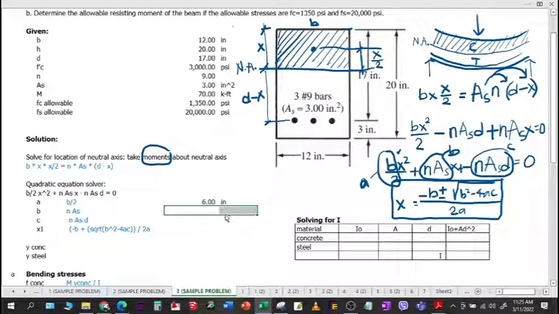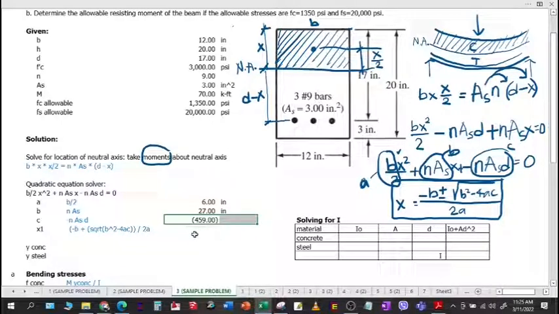So 9 times 3, that will be 27 inches. And c is negative nA_s d. So our negative n is negative 9, A_s is 3, and our d is 17. So 9 times 3 times 17, that will be negative 459.